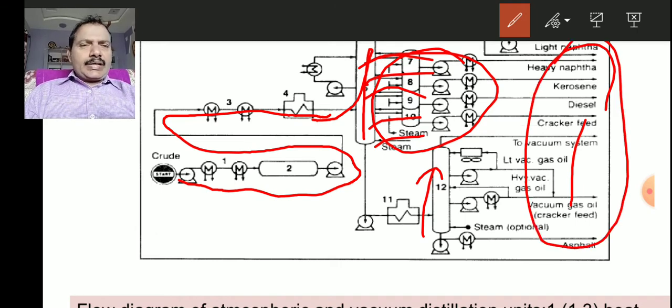So this is the oil refinery section in which we have the heavy carbon elements as outputs and some useful kerosene, diesel, petroleum products, light naphtha and heavy naphtha, and some gases.